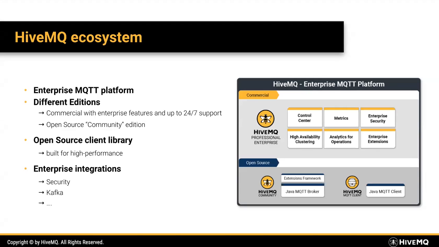We also offer enterprise integrations, we call them. HiveMQ comes with an extension framework, so it can be extended, even with custom extensions. There's an open source SDK if you ever want to implement some custom logic there. And we do offer some pre-built integrations, especially for security, or if you want to integrate Kafka, and there are some more.